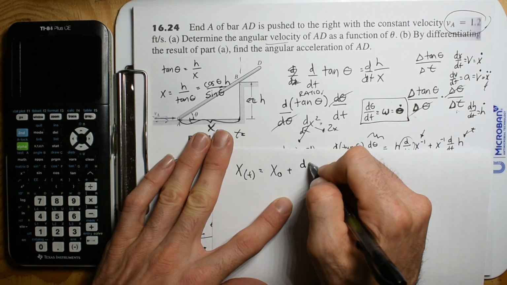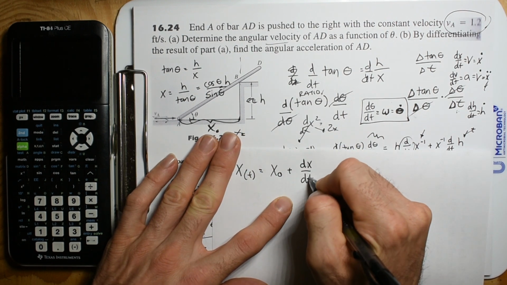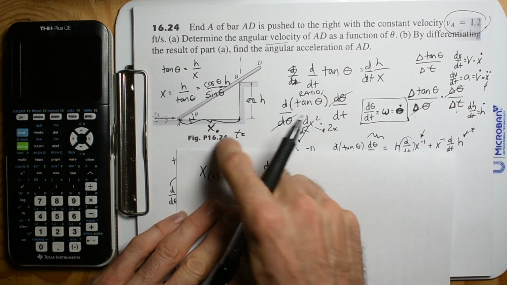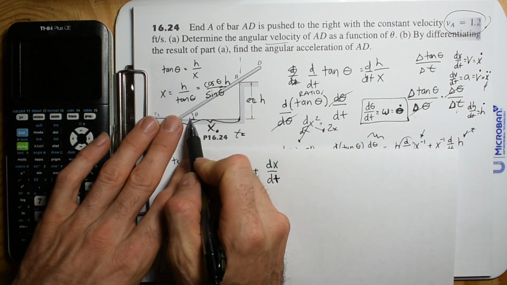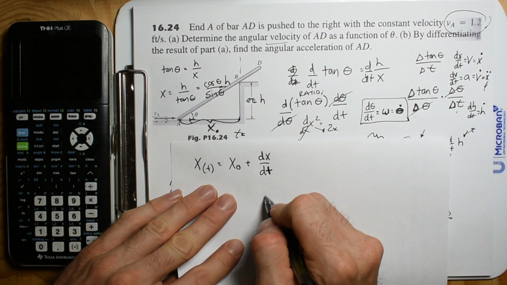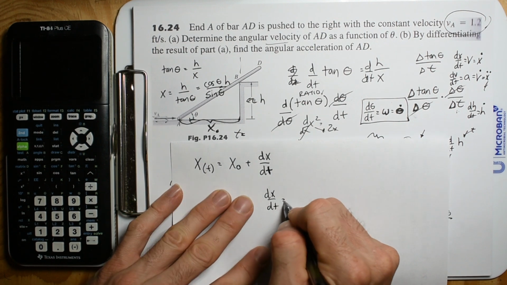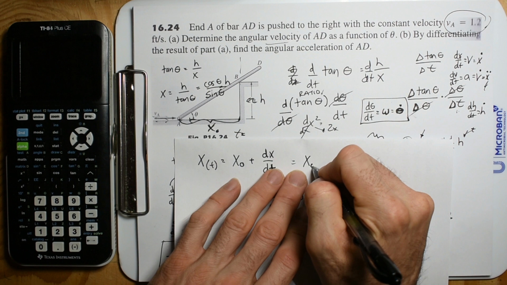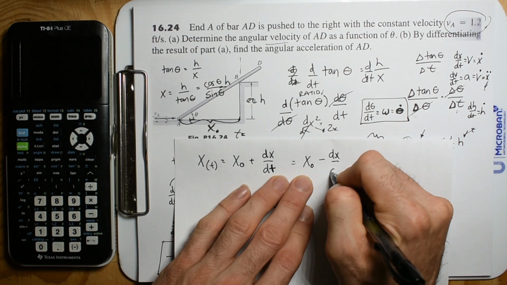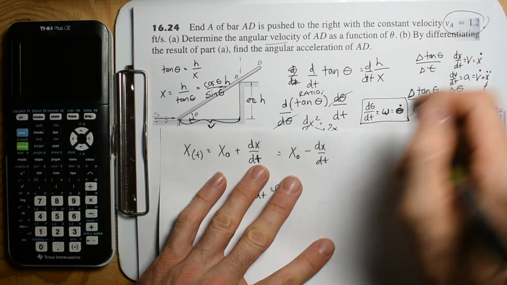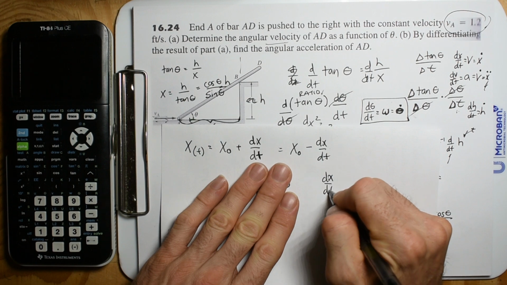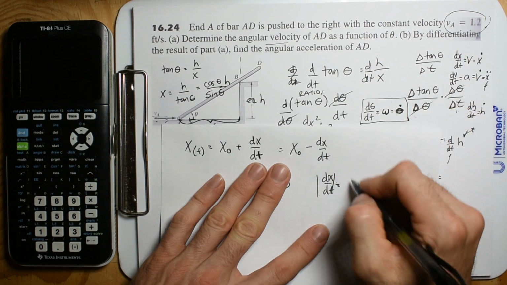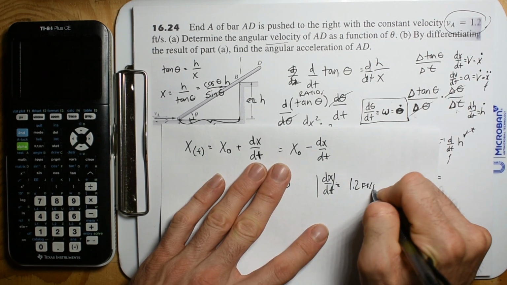So that's going to be dx/dt. Cool. But in this case, if this is getting smaller, dx/dt must be a negative number. So it's going to be x naught minus dx/dt, and we can say that dx/dt, maybe the absolute value of it, is 1.2 feet per second.